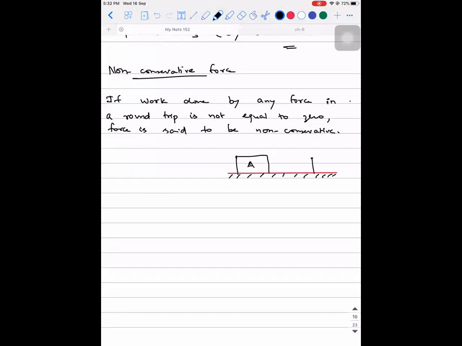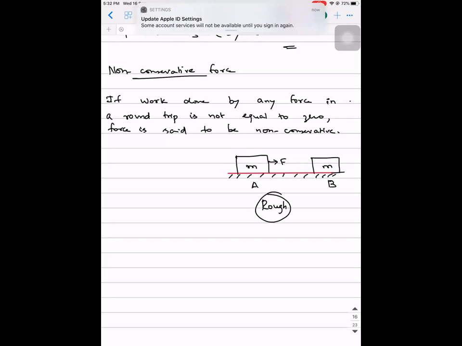If I move the object from point A to point B, let's say the object is of mass m, and there is an external force F applied on the object, which is a constant force. If the surface is rough in nature, what comes to your mind?